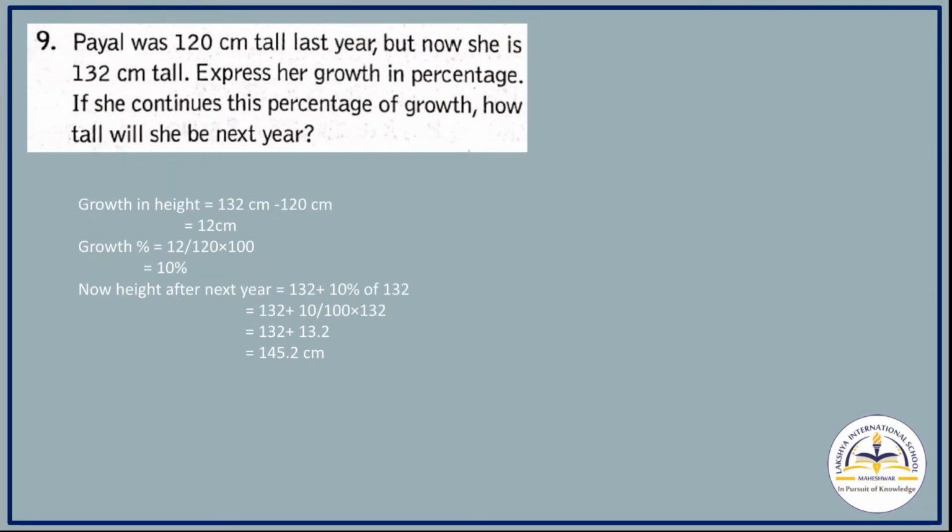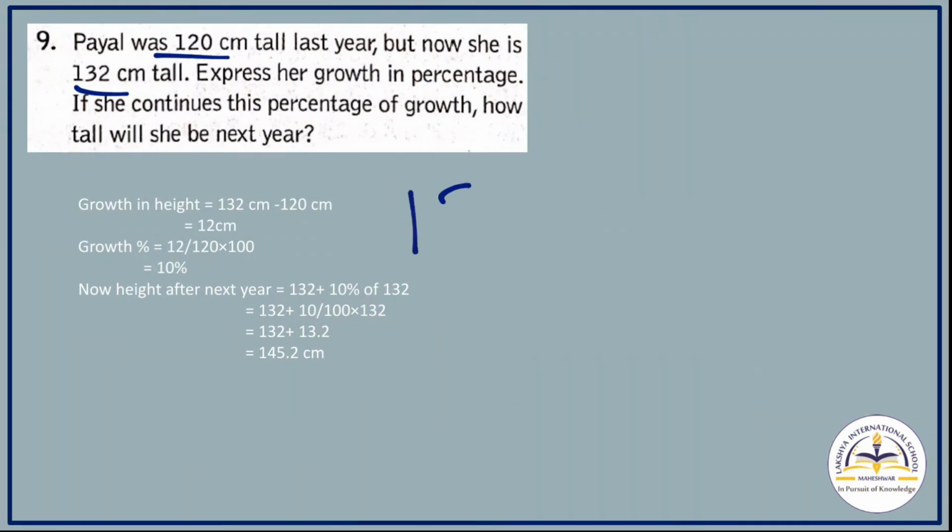Now question number 9. Payal was 120 centimeter tall last year, but now she is 132 centimeter tall. Express her growth in percentage. If she continues this percentage of growth, how tall will she be next year? So what we will do, how much is the growth in the height?